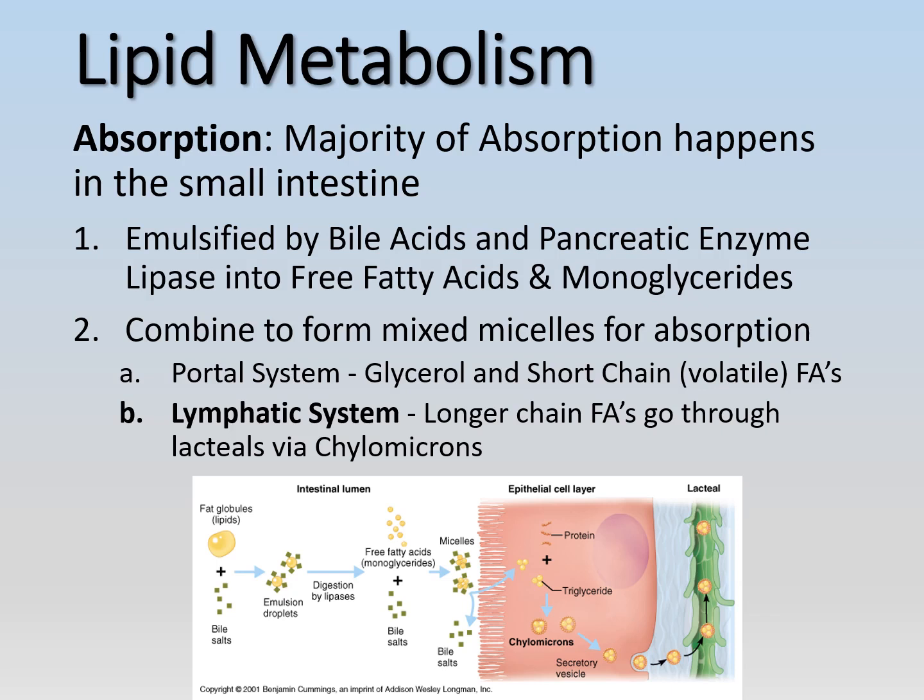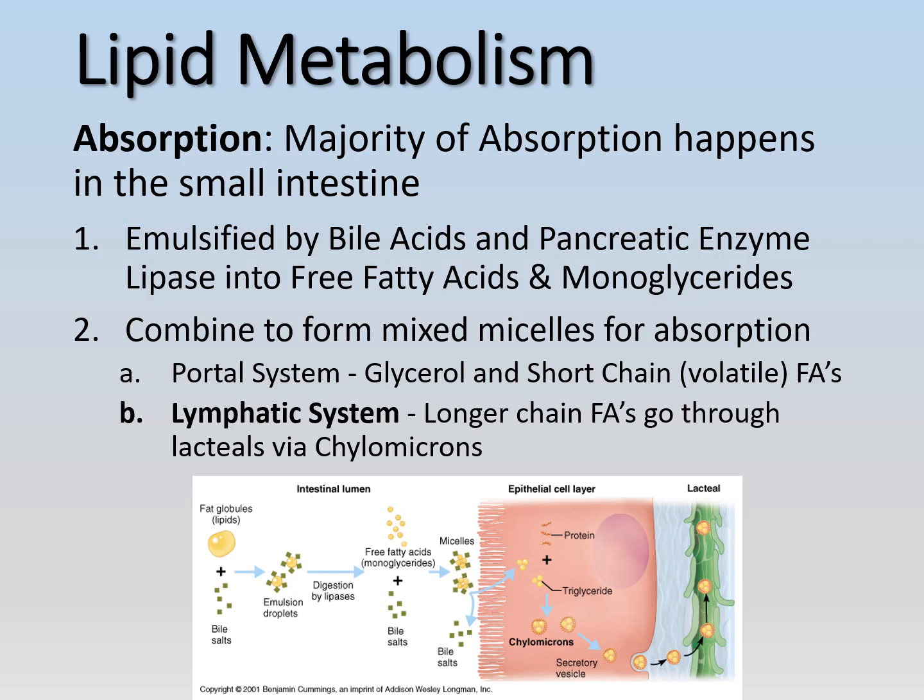There are two different ways that we can actually absorb fats or fatty acids. The portal system is how we absorb protein and sugars, carbohydrates, which goes to the liver. So we essentially go to the liver for processing.